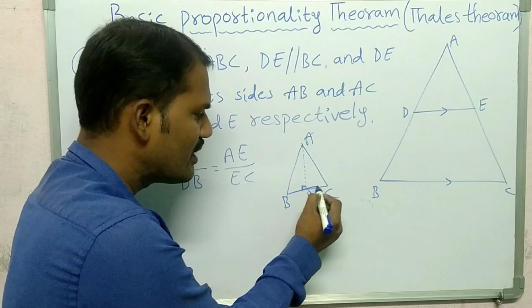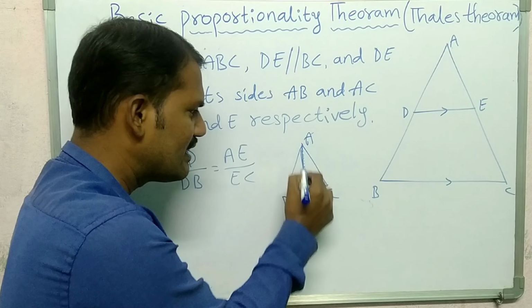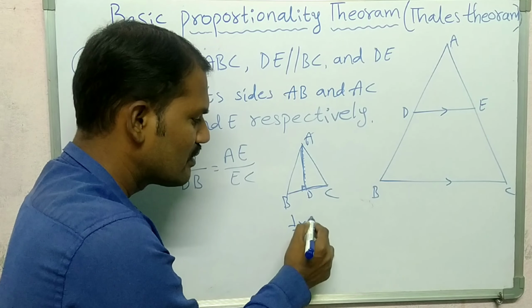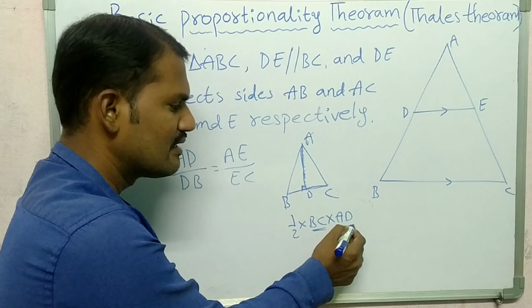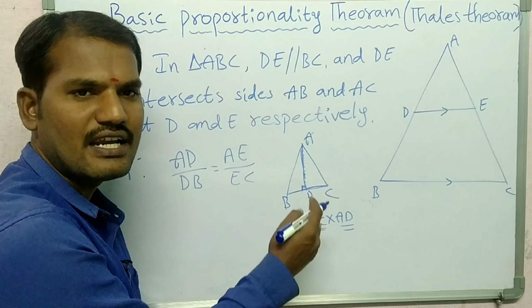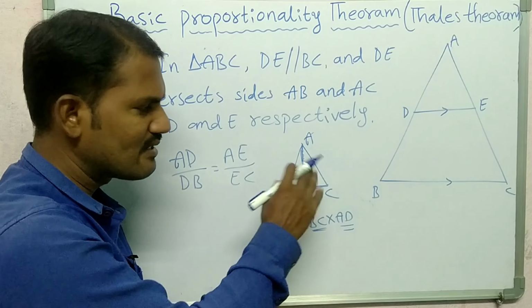Here base BC, height AD. So 1 by 2 into BC into AD. Here BC is the base, AD is the height, perpendicular to its base.